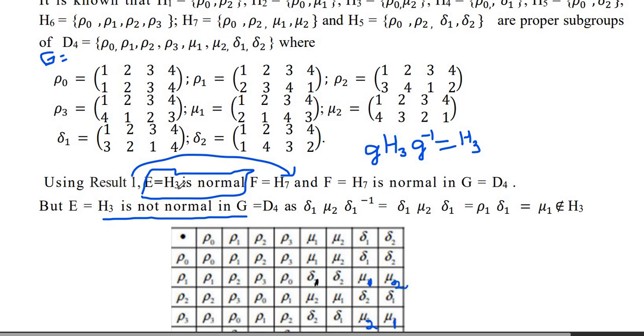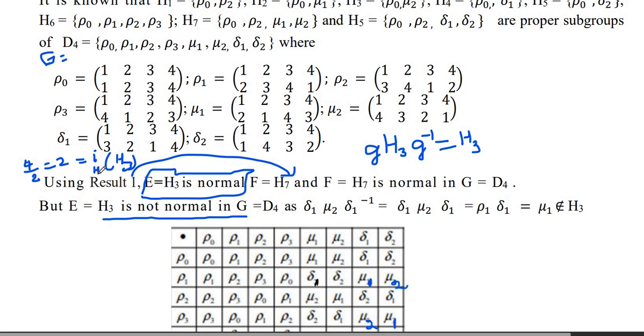See here, the number of elements in H3 is only 2, and the number of elements in H7 is 4. So 4 divided by 2 is 2. That is nothing but the index of H3 in H7.